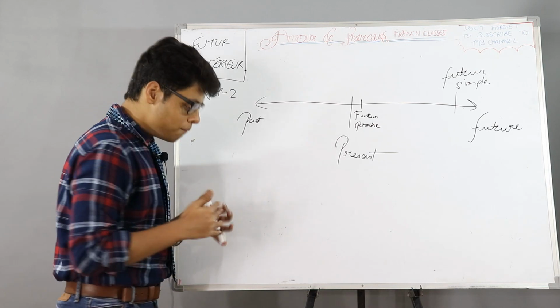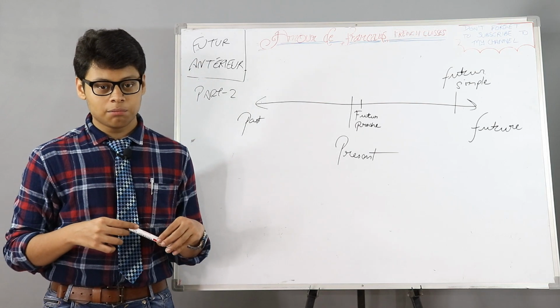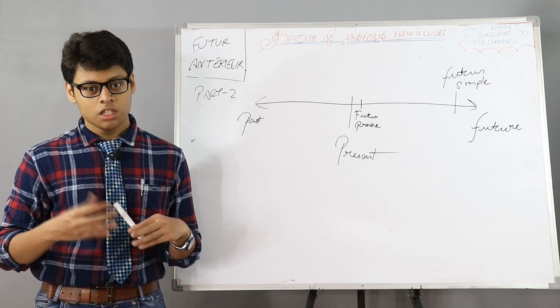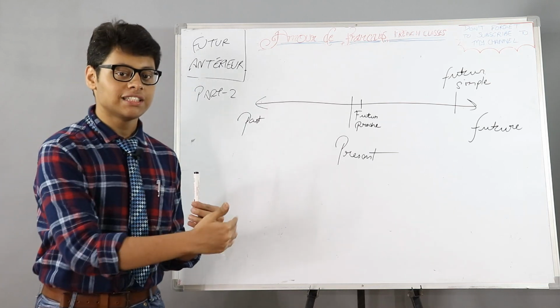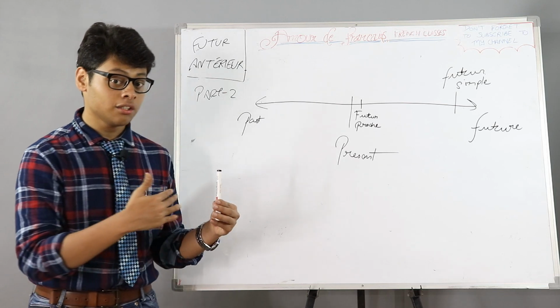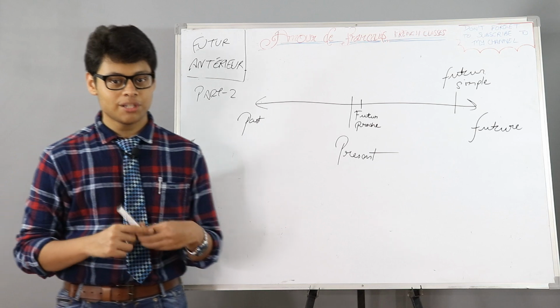I hope you remember in plus-que-parfait also I made this timeline where I placed plus-que-parfait, being past perfect, just before passé composé, an action preceding passé composé. The word preceding has come. Same goes for here, future perfect.